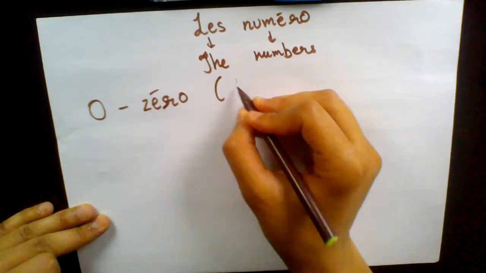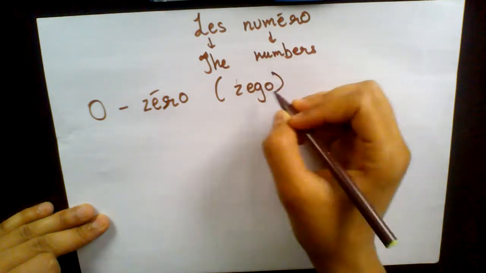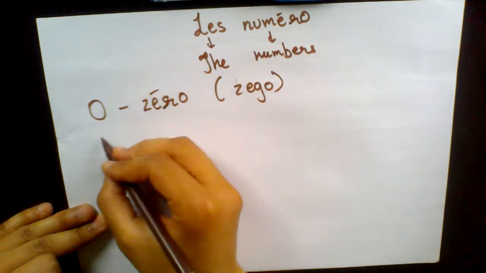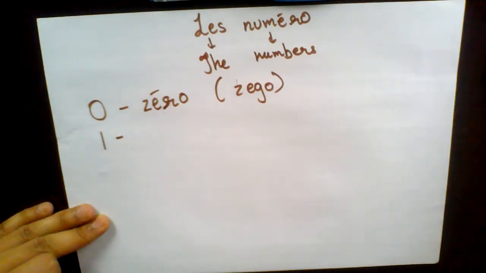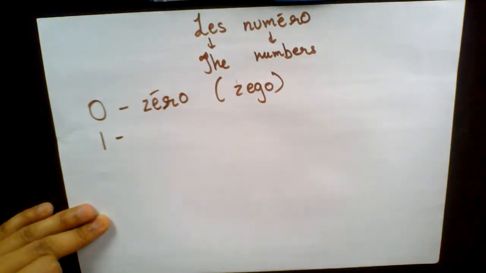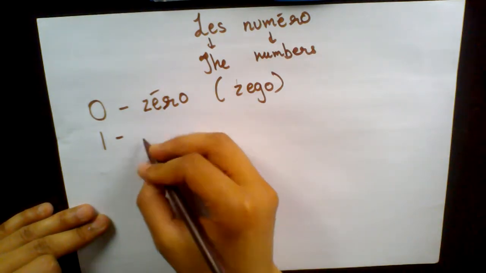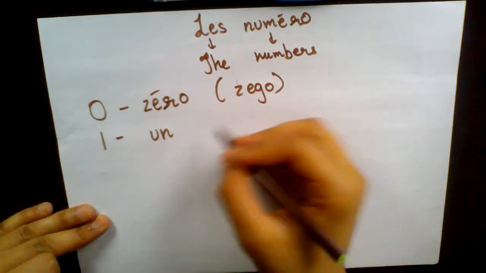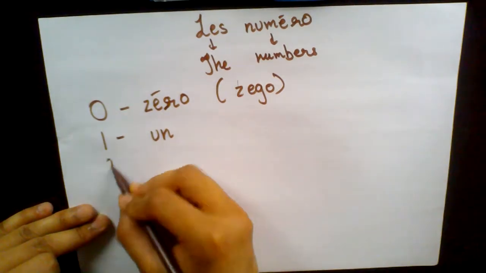I'll write it in the bracket for you to understand. Then you have number 1, which is known as un, the nasal sound, written as UN.